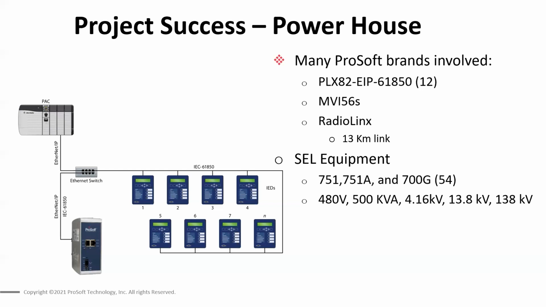As part of our release of the ControlLogix module, we've done some extensive testing and documentation of those networks and configuration, and it is much quicker, especially given that we've got some high priority connections.